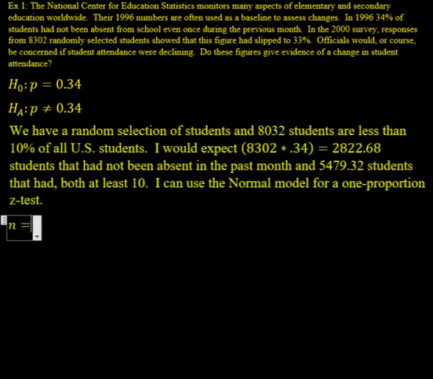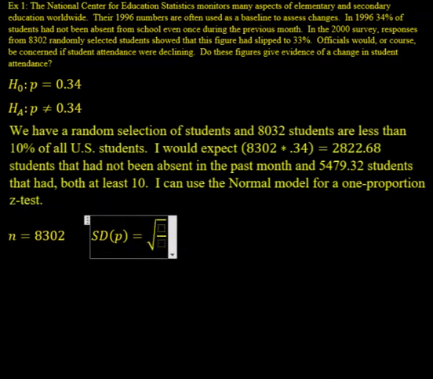So n equals 8,302. So our standard deviation of p, we're doing it for the baseline value, not our sample value. So standard deviation of p, we're using standard deviation, not standard error, equals the square root of 0.34 times 0.66, so we're using the population parameter, what we believe the true value is, divided by the sample size, 8,302, which equals 0.0052.